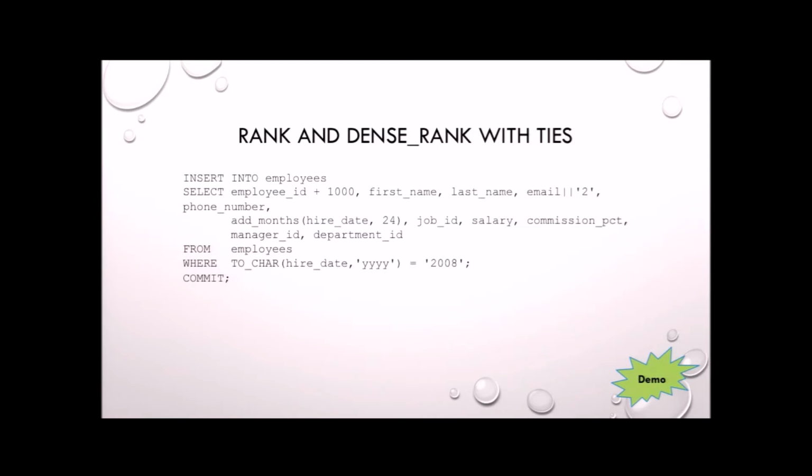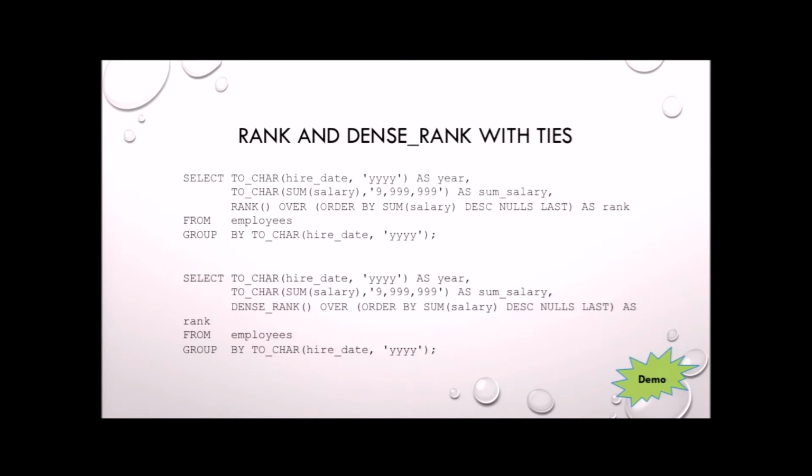So to make this work, I actually put an insert statement into that demo script that you have access to. So you can take the year 2008 and duplicate it to 2010, so that you can run both rank and dense rank to see how they work when you have exact matches, so the sums are exactly the same.